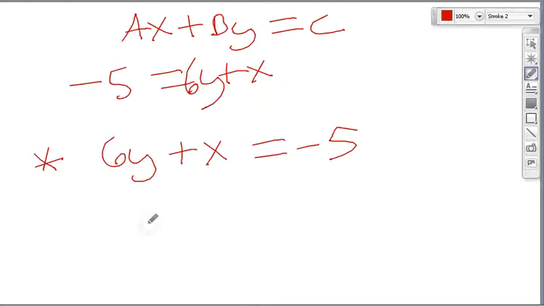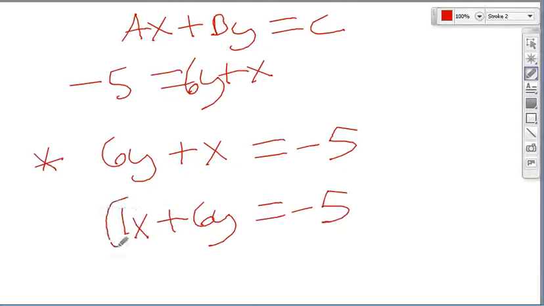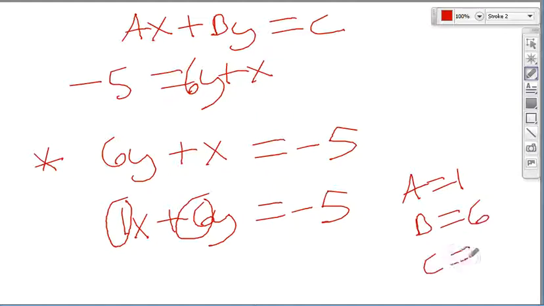We have 6y plus x, but we could just rearrange this and write it as x plus 6y equals negative 5. And now this equation is in standard form. The coefficient of our x term is 1. The coefficient of our y term is a positive 6. And the constant is negative 5.